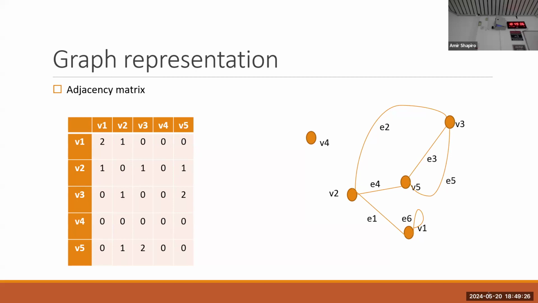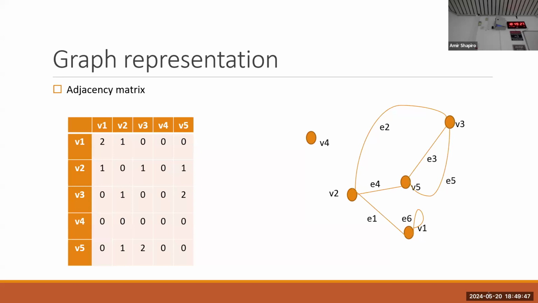And say from vertex 5 to 3, we have an edge. Between 3 and 5 we have 2 edges.